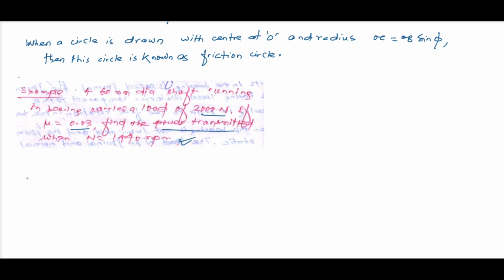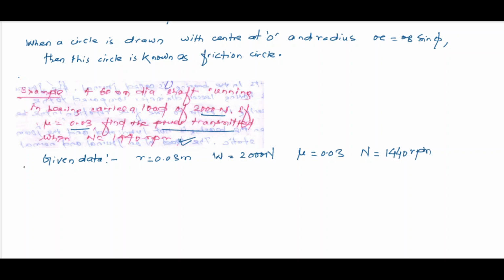Now we can note down the given data. r is given as 0.03 meter, W is 2000 Newton, mu, the coefficient of friction, is 0.03, and N, the speed of the shaft, is given as 1440 rpm.